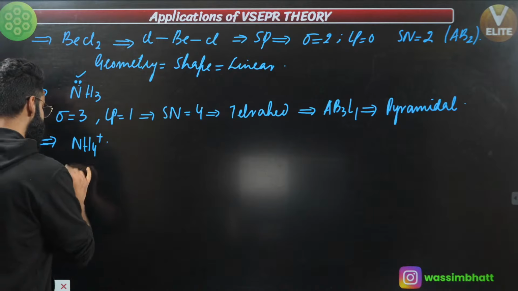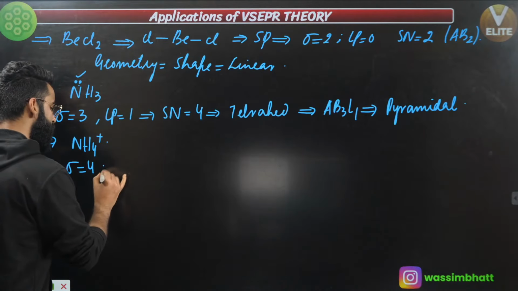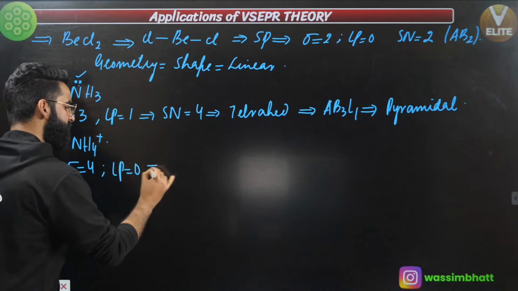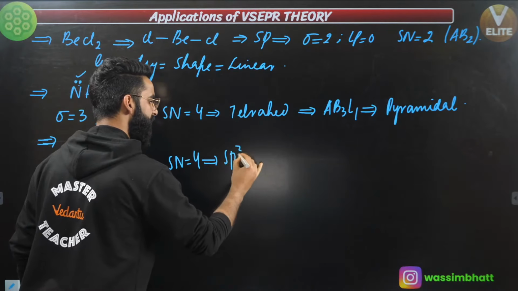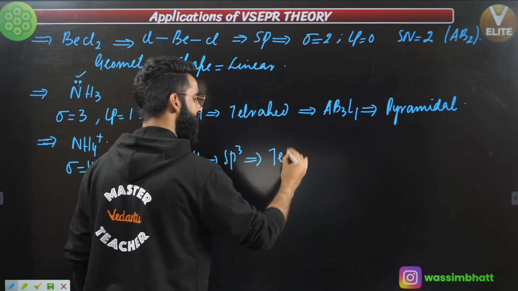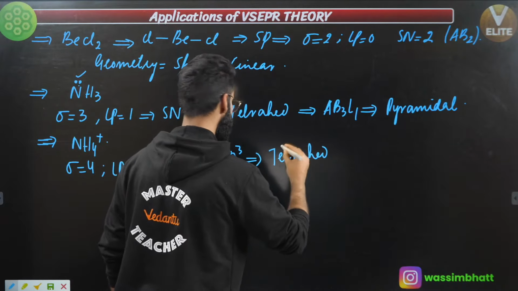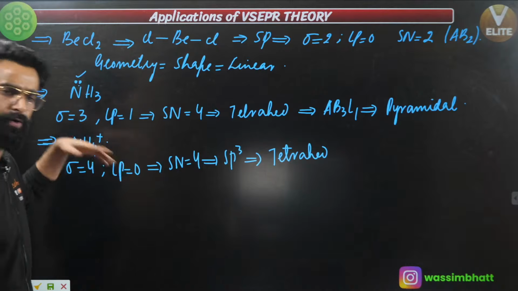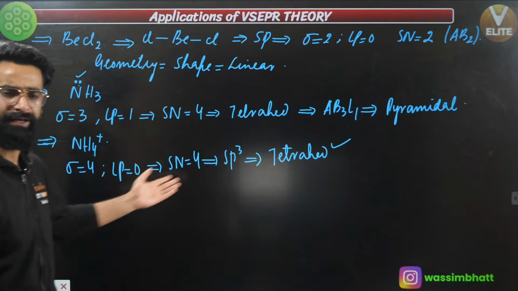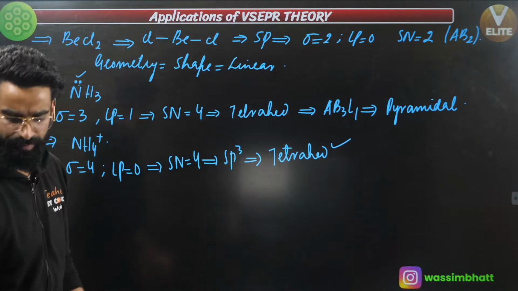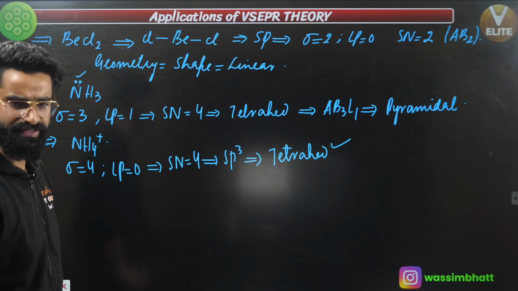So directly I'm saying you have 4 sigma bonds and 0 lone pair. That means steric number is 4 plus 0, 4. Hybridization is sp3. If hybridization is sp3, the geometry is tetrahedral, right? And what about the shape? Since there is 0 lone pair, whatever the geometry is, the same is the shape, correct? And if I ask you the bond angle, you will simply say 109 degree 28 minutes, correct?